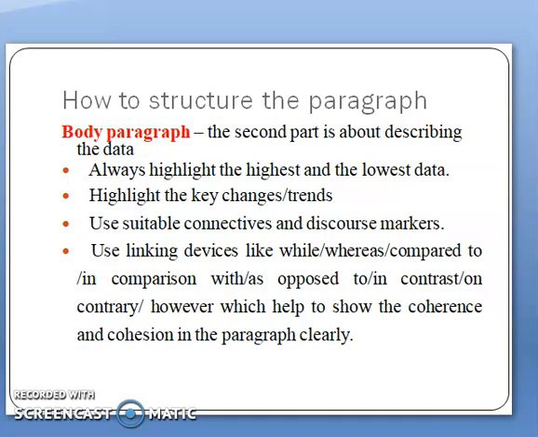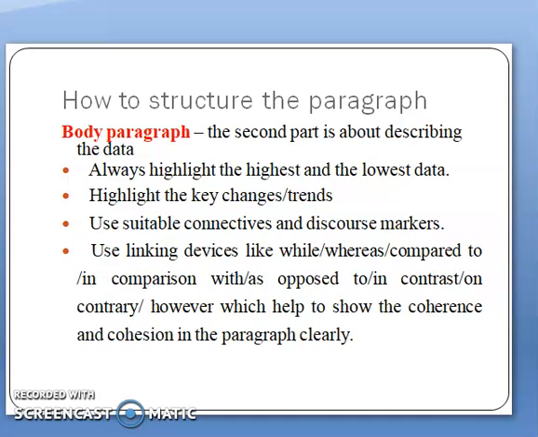The second step is the body paragraph. This body paragraph is about how to describe the data. You can overview the data and identify the common trend or the similarities that happen in the table. Always highlight the highest and the lowest data.